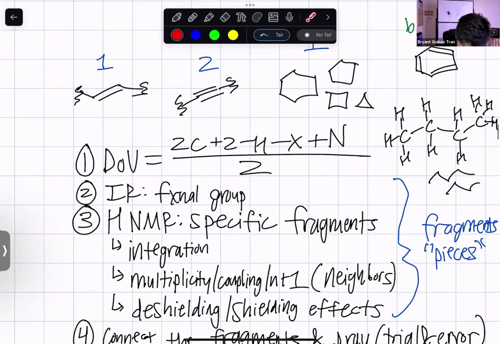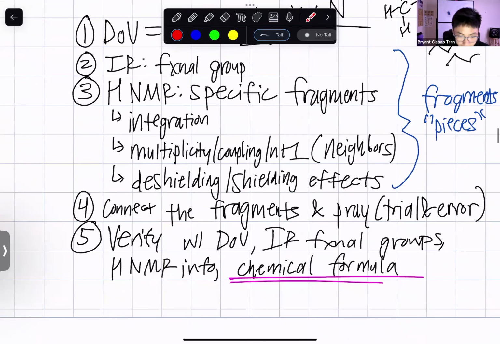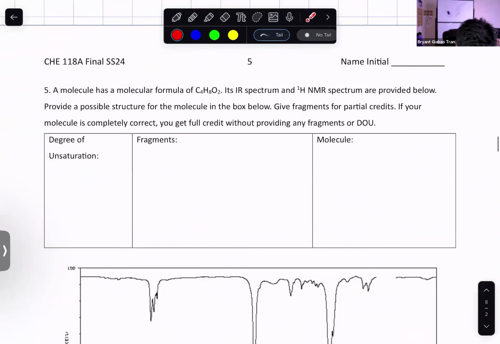Okay. Now let's move on to this problem here. So I'll show you guys my thought process on this problem. I haven't looked at the key yet, so I don't know what the structure looks like. And if something doesn't make sense, let me know in the chat or the voice on the Zoom, and then I'll explain it from there, right? But for now, I'm just gonna say what I think about this problem.